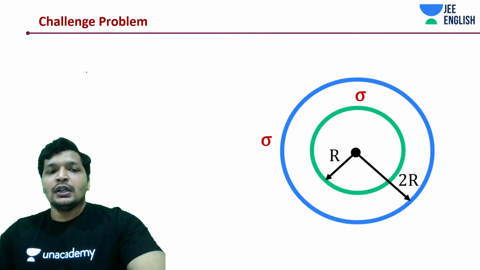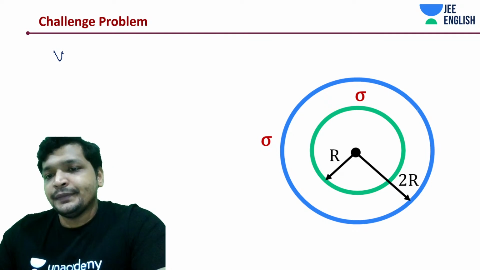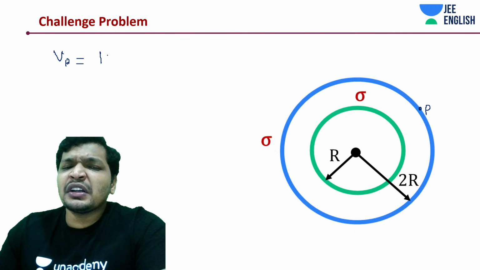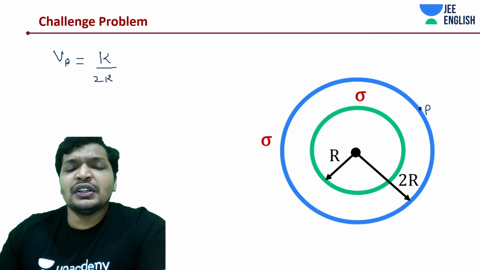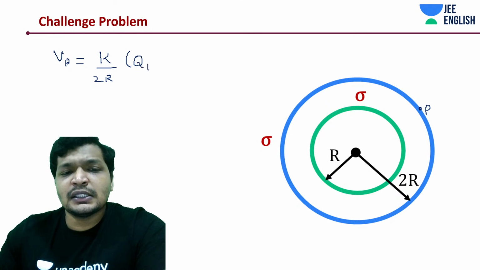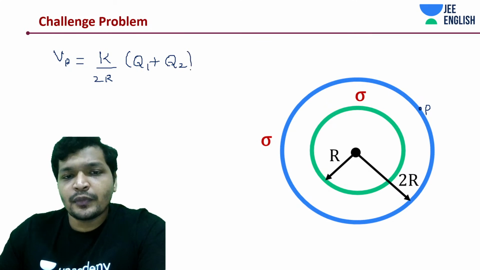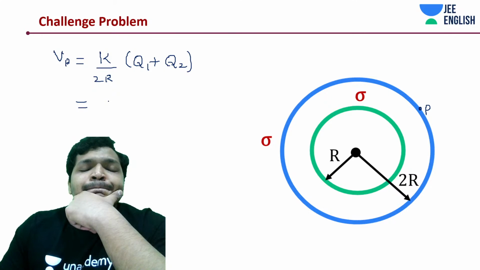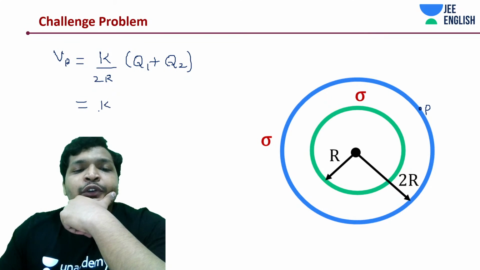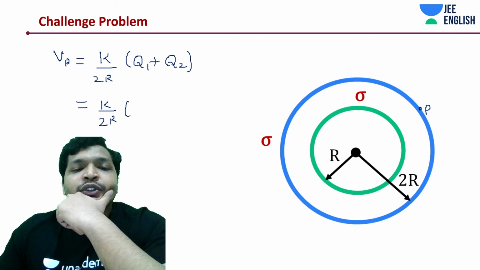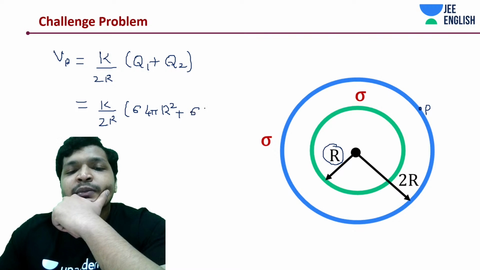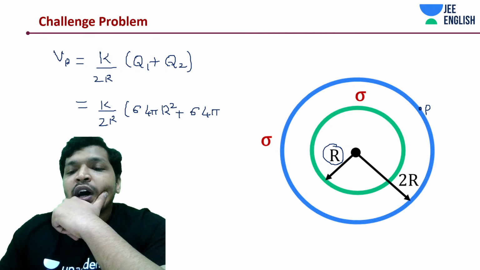Now VP at this point P, how much is it? We found it to be K by 2R into Q1 plus Q2. So this would come out to be how much? We need to write down the values of Q1 and Q2. That is when we'll come to know: sigma into 4 pi R square, small r, due to the charge present on this one. The second one is going to be sigma into 4 pi into 2R square.